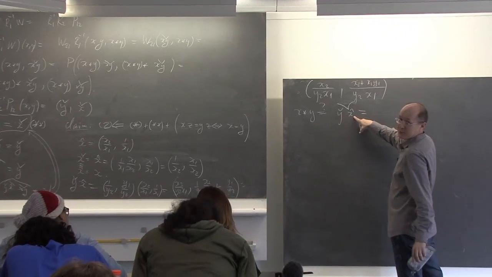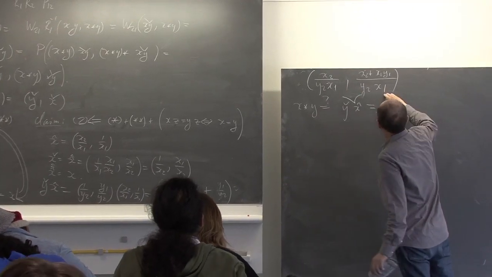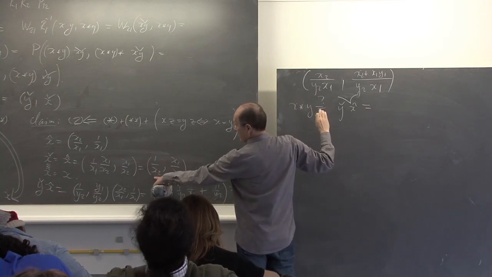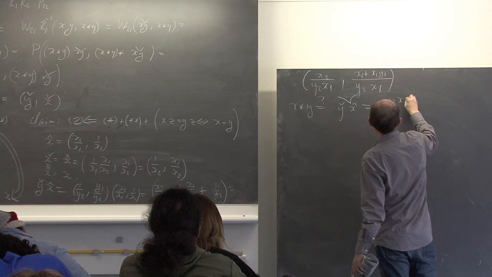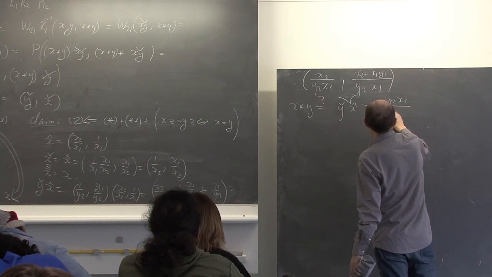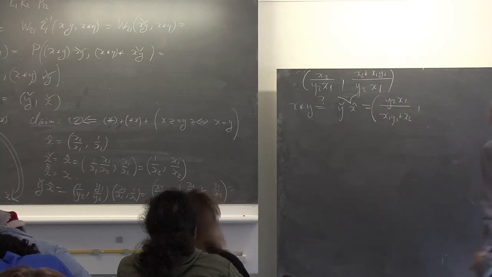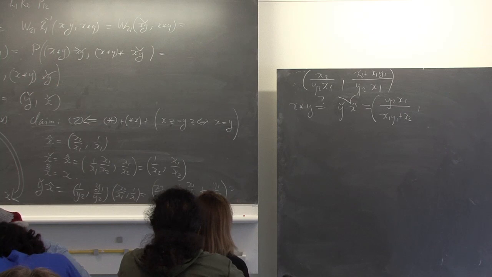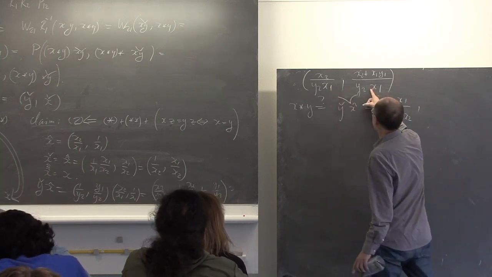So if we take this, it will give the star operation. Look. So what we do? I invert the second argument. So I invert this: y2 x1 divided by x1 y1 plus x2. And then what I do here, I multiply this by inverse of this.